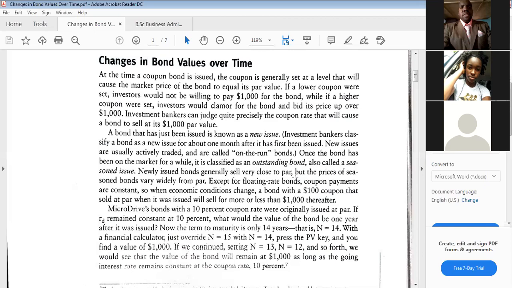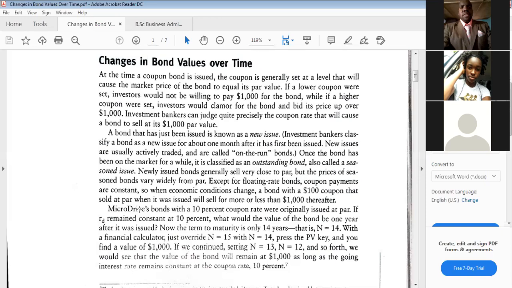Except for floating rate bonds, coupon payments are constant. So when economic conditions change, a bond with a $100 coupon that sold at par when it was issued will sell for more or less than $1,000 thereafter.